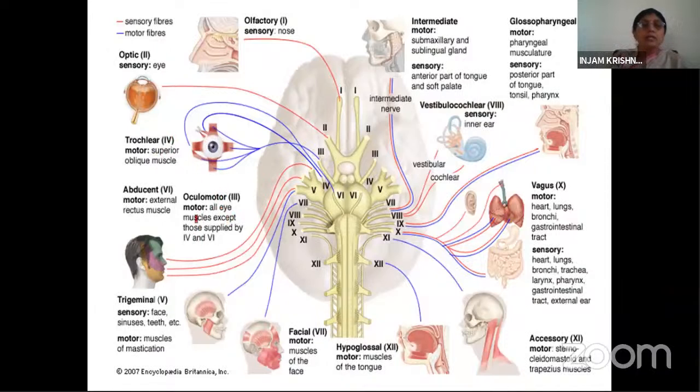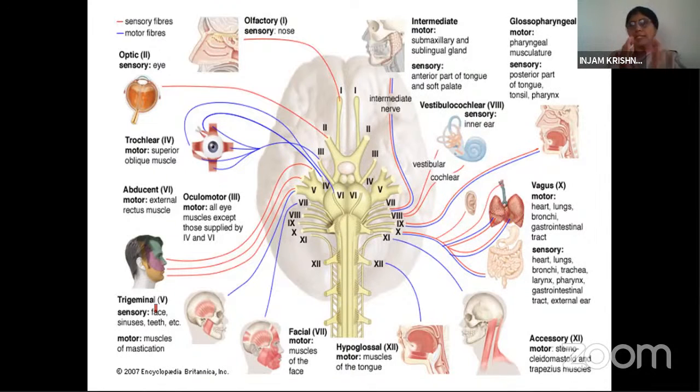Next, the fifth one is trigeminal. It is a sensory nerve. Sensory nerve means it has to arise from the sensory part, from the face. The trigeminal nerve starts from the Gasserian ganglion. What is the Gasserian ganglion?